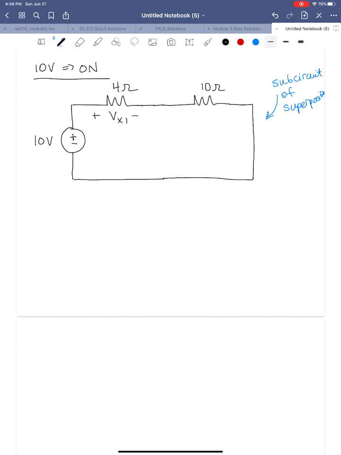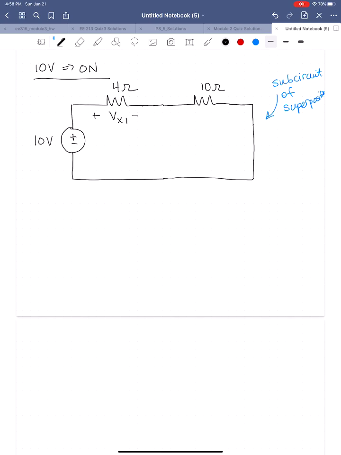And as far as how you get Vx from the subcircuit, you can use whatever technique you like. In some cases, it might be simplification and expansion. In some cases, it might be voltage division. You might end up writing a mesh equation or nodal analysis. It's entirely up to you. In some cases, you can look at it and tell by inspection.